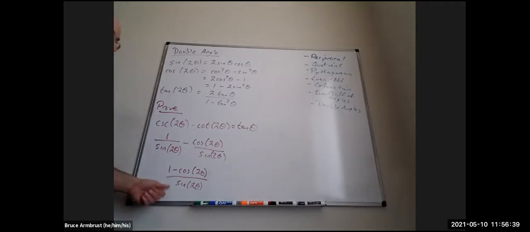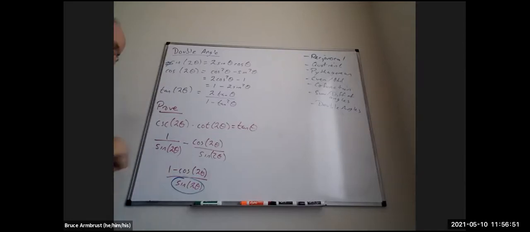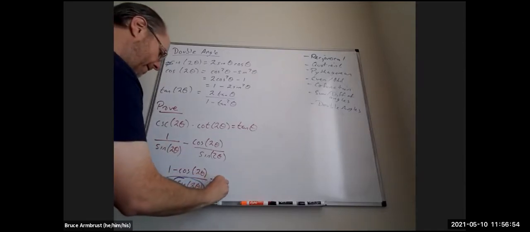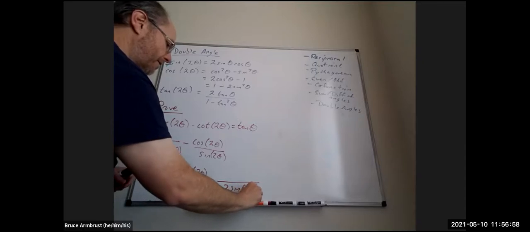All right, so now let's use the double angle identities, right? Because I've got sine of 2 theta. So I can use this one up here. Let me just go ahead and put that in. So on the bottom, we're going to get 2 sine theta cosine theta.